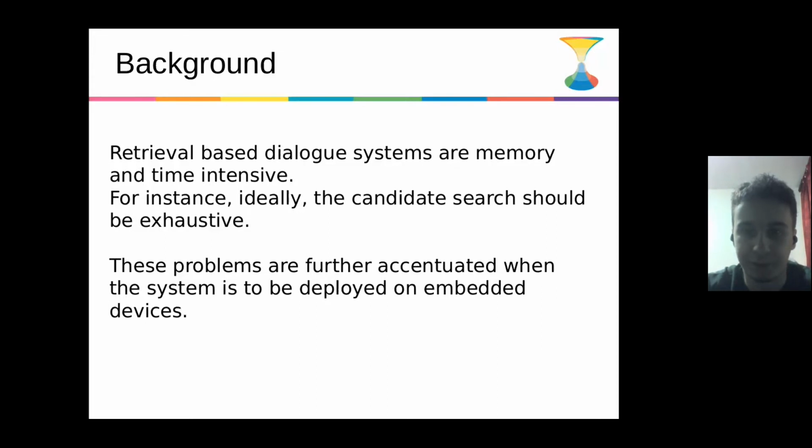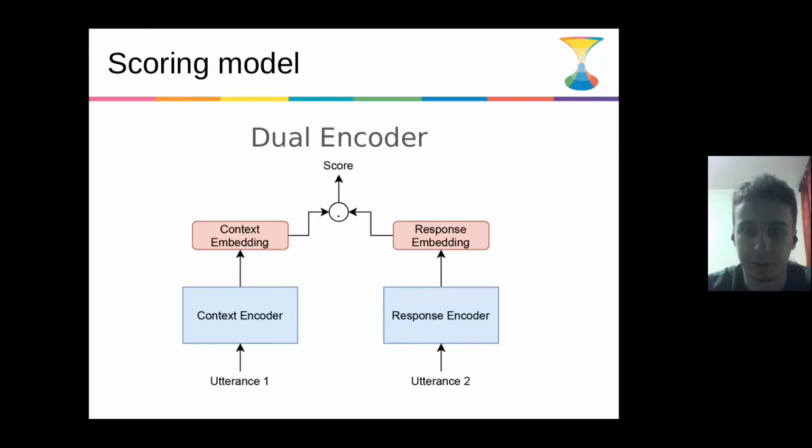But how do we perform the candidate search? Well, we have what is called a scoring model. So, for instance, it can be a dual-encoder model, which is like the one you can see here. So, say the user engages the system with a new utterance 1. Then we have a context encoder model, which can be something such as a pre-trained transformer or a recurrent neural network.